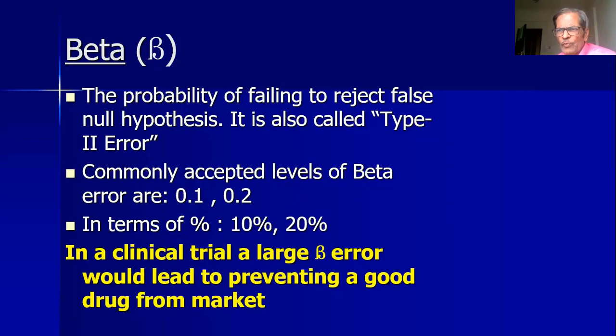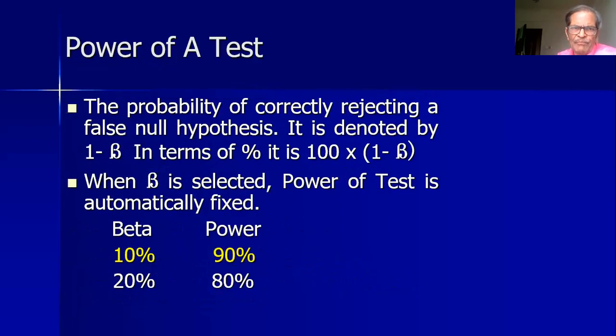So we don't want to bring a useless drug into the market. Similarly, we don't want to prevent a really good drug from entering the market. So there has to be a balance between the alpha error and beta error so that you commit the minimum alpha error and minimum beta error.